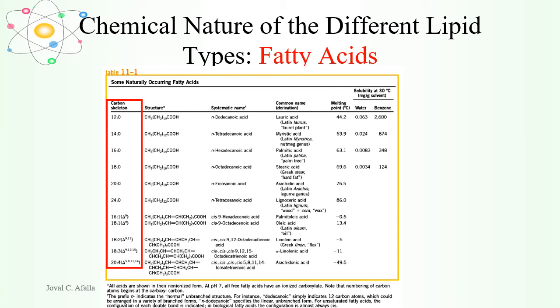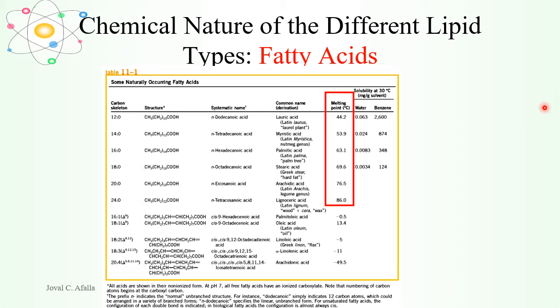For example, lauric acid is 12:0, which means it's just made of 12 carbon atoms and no unsaturations, and so on. An important thing to notice is the effect of the chain length on the melting point. But you already know this lesson from your organic chemistry.